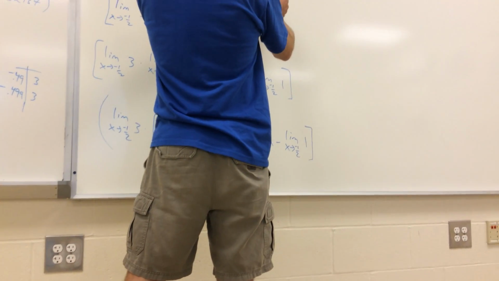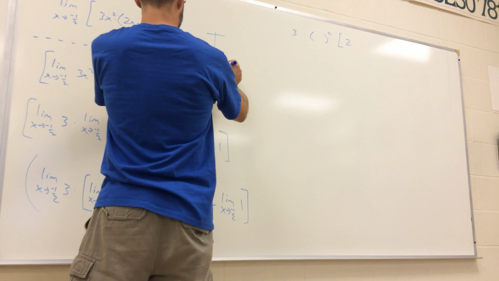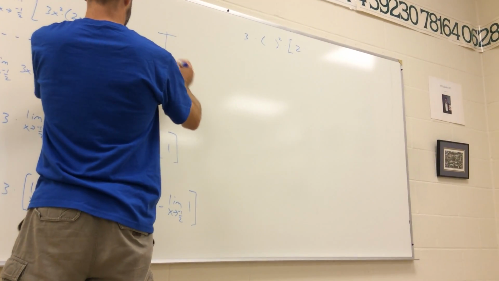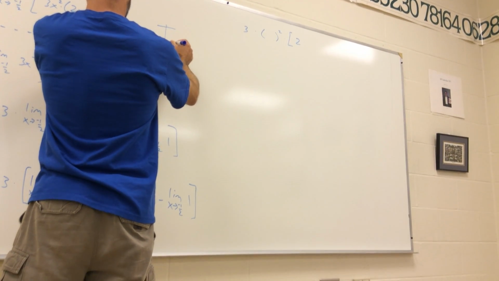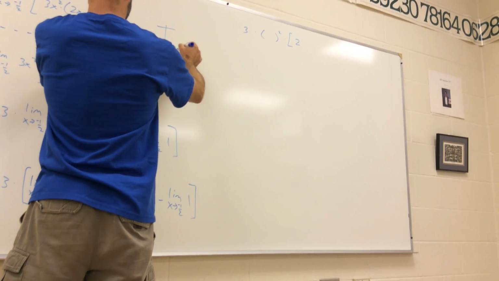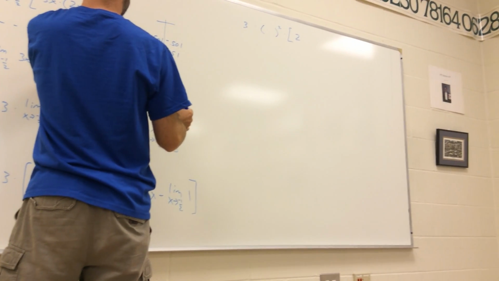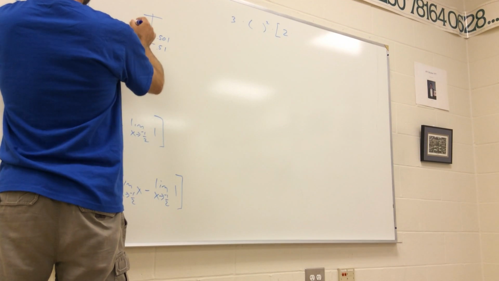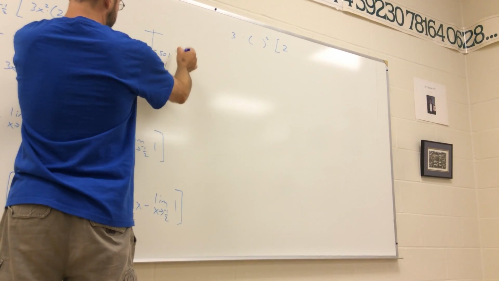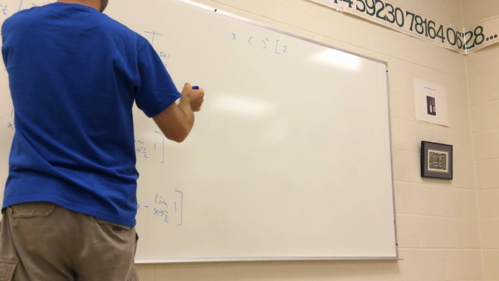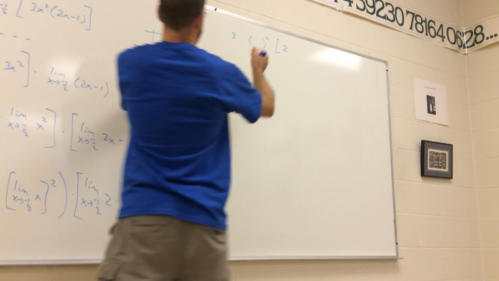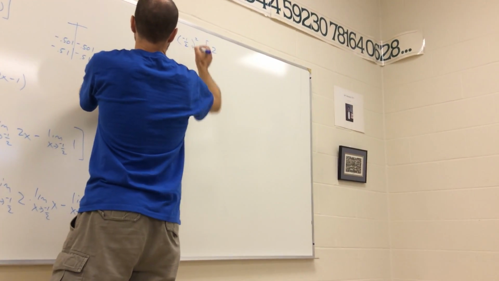So if you plug in negative 0.51, it spits out negative 0.51. And if you plug in negative 0.501, it spits out negative 0.501. So if these numbers are getting close to negative a half, the y's are going to be getting close to negative a half as well. And so the limit is negative a half.